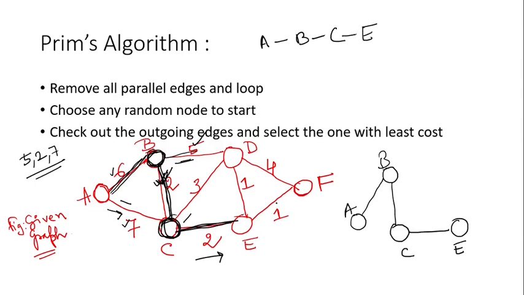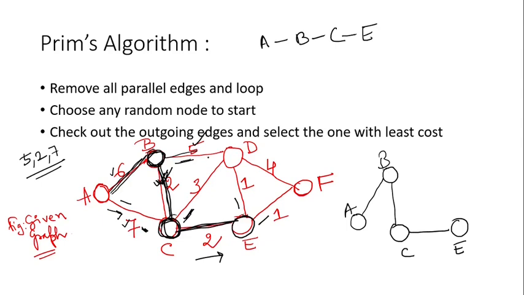Now you have come to E. From here onwards, you have option EF, you have option ED, and also you have to look at CD, AC and BD. These edges also you have to look at.